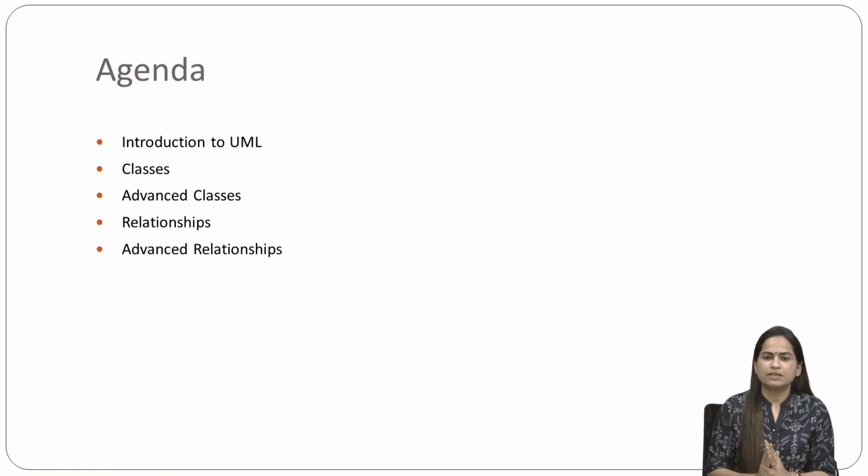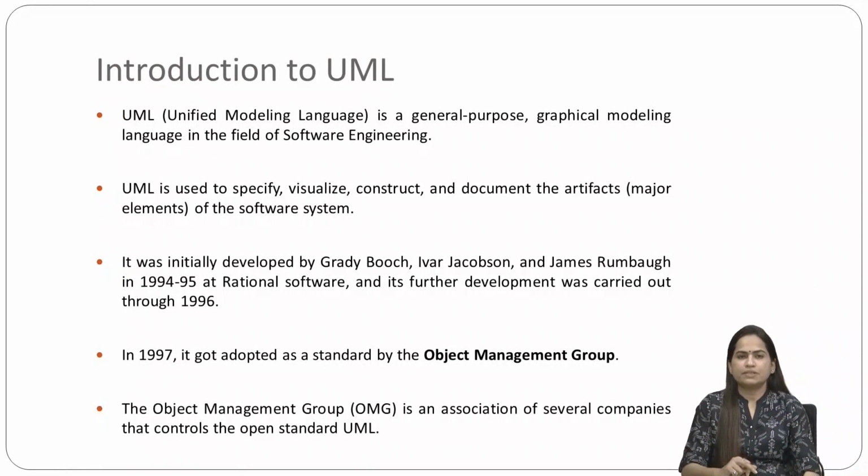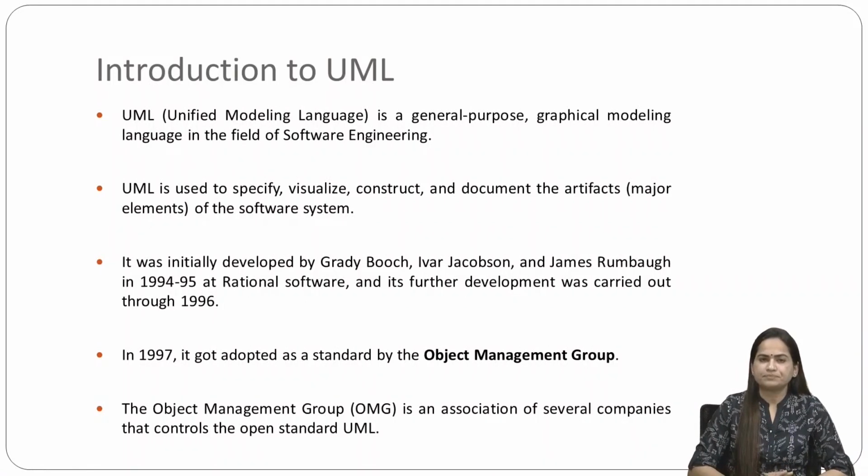In today's lecture, we are going to discuss Introduction to UML, then classes, advanced classes, relationships, and advanced relationships. So let us start our discussion with Introduction to UML. Now UML means Unified Modeling Language.